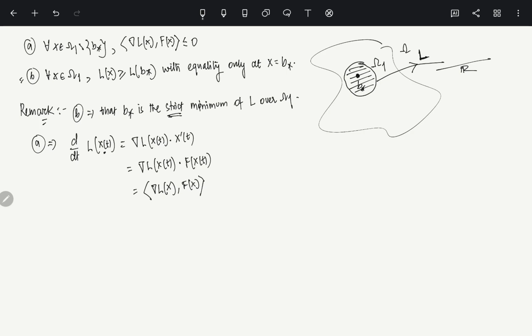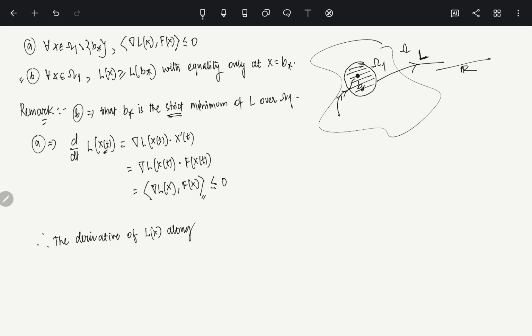Now you see, this d dt of Lxt is essentially this, and we are assuming that this is less than or equal to 0. It means that L is decreasing along this trajectory. Let's say there is an x of t which converges towards b star.